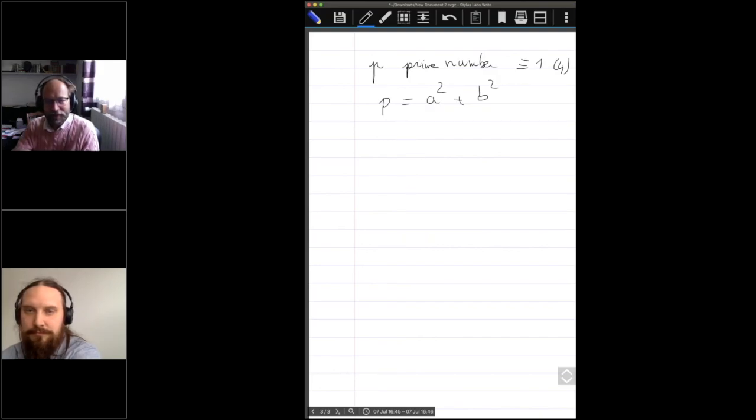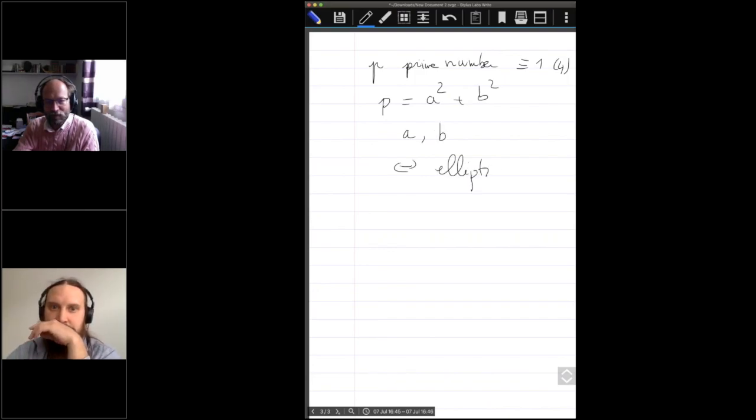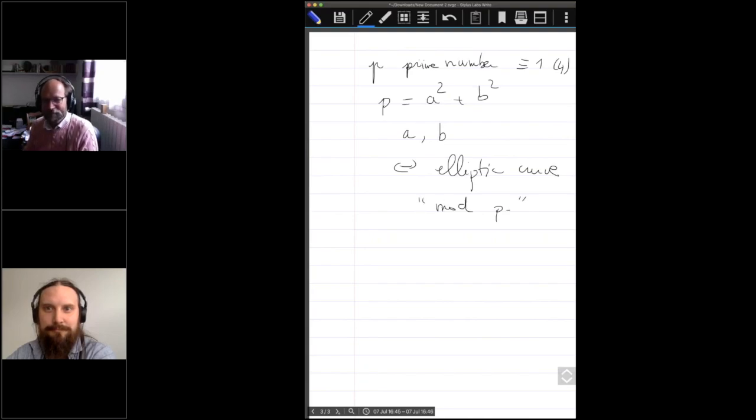But the A and B correspond to some elliptic curve. So yes, in some sense, yes.